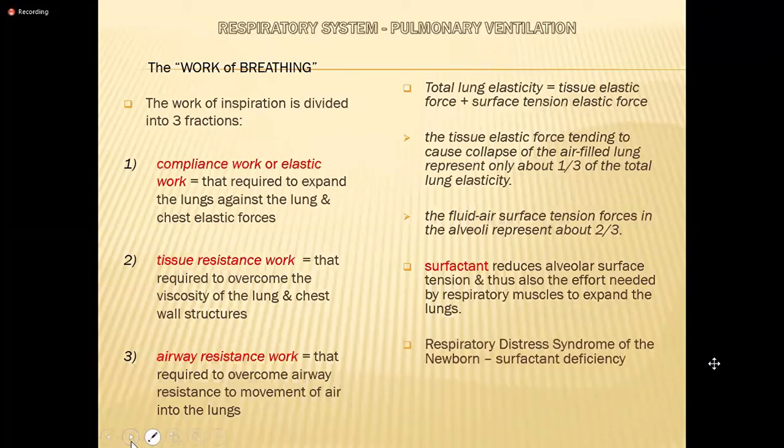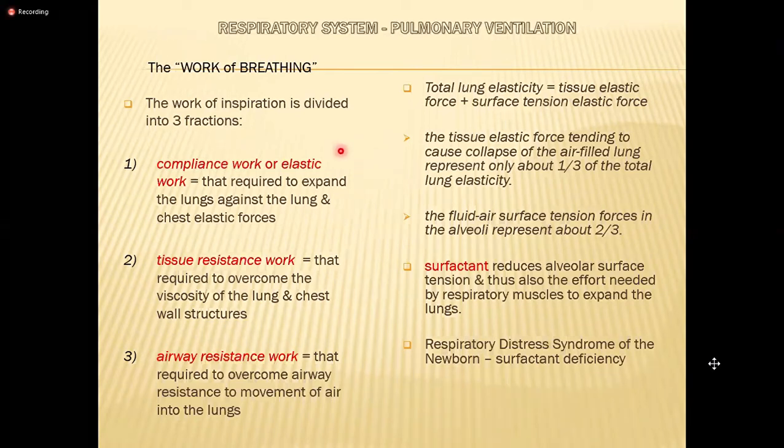Respiratory distress syndrome of the newborn happens when the baby is born premature. Respiratory distress because of surfactant deficiency. The alveoli cannot expand properly because of the viscosity of the fluid-air interface. But when there is surfactant, this will not happen.